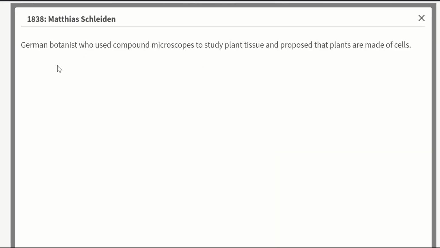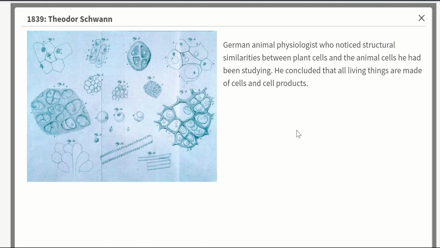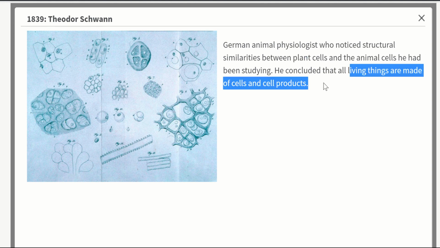Matthias Schleiden, he was a German botanist who basically said that plants are going to be made of cells. Right, and so he was able to take these microorganisms in water and then also attribute them to plant cells. Theodor Schwann is the gentleman that's going to find the links between plant cells and animal cells, and he's going to say that they are very similar. And he concluded that all living things are made of cells.